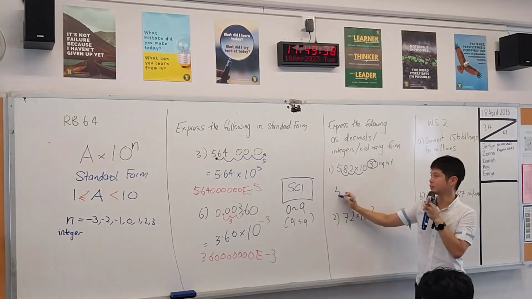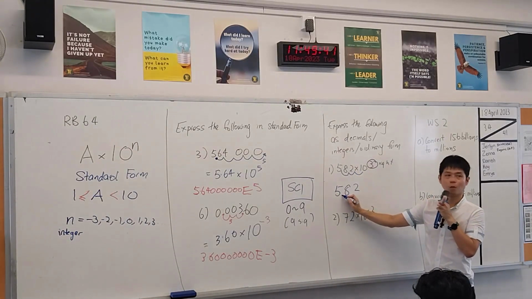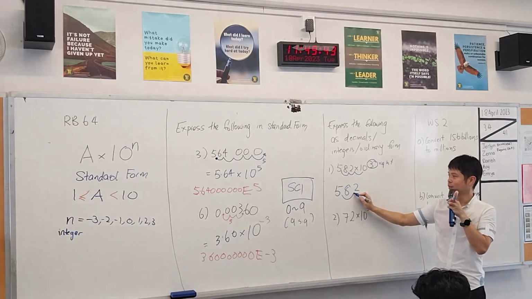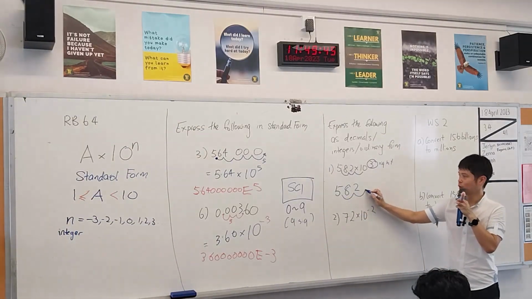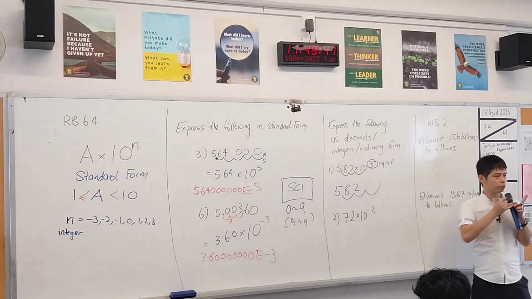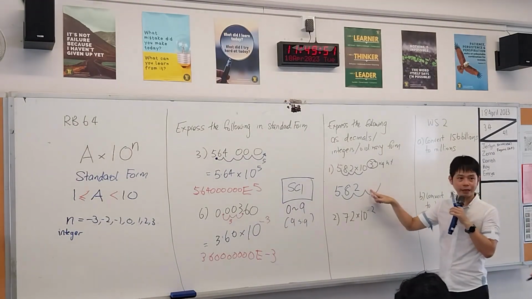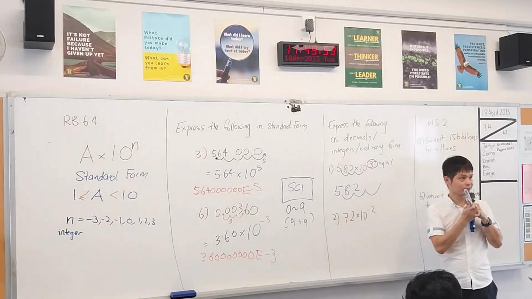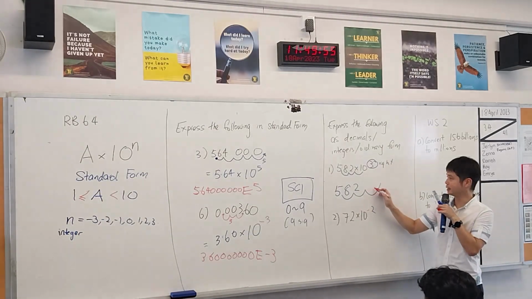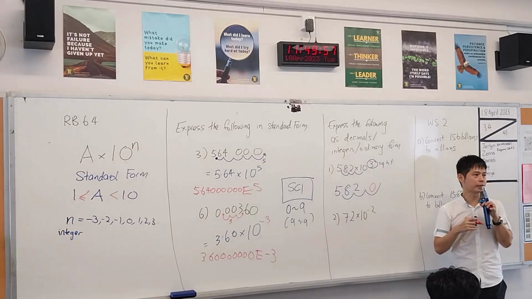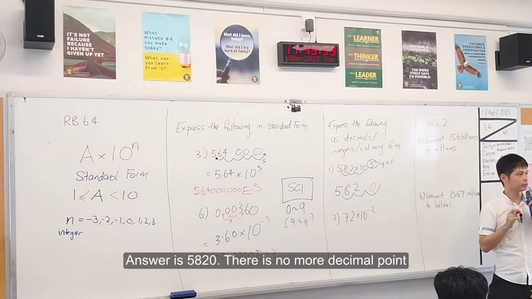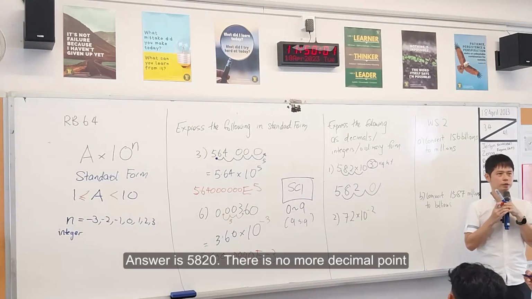Okay, so you can write this first. 1, 2, 3. Okay, where do you put the zeros? In the 8 basket, inside the 8 basket. Don't put it down here, please. Put it inside the 8 basket. So the answer is 5, 8, 2, 0.